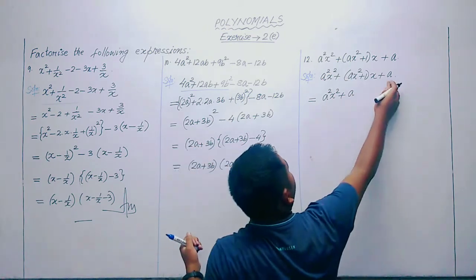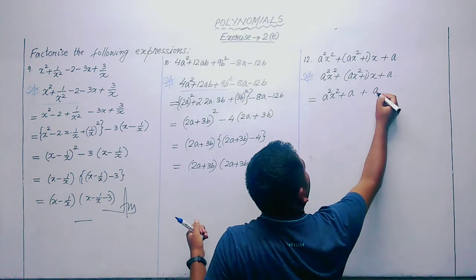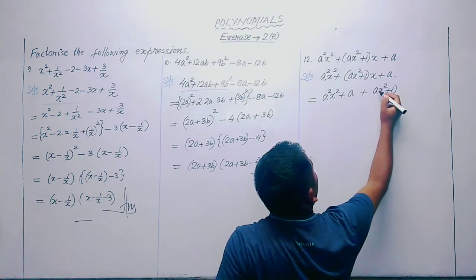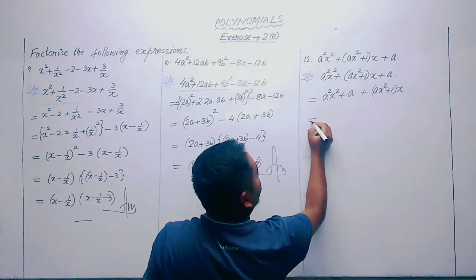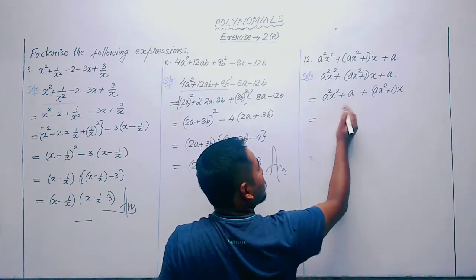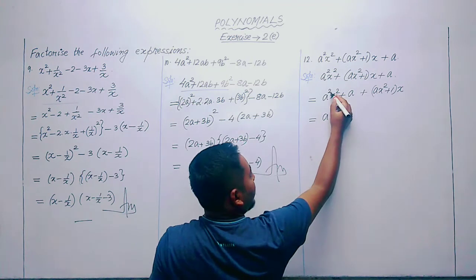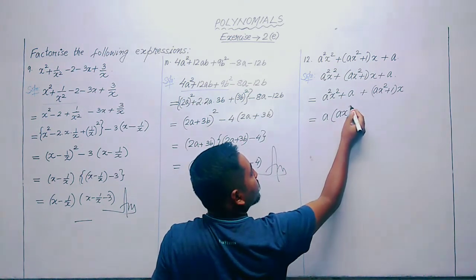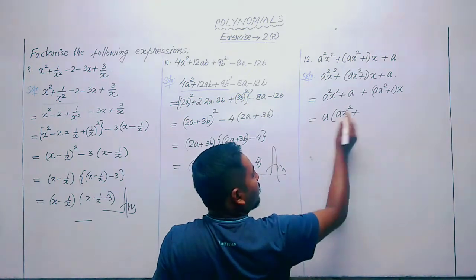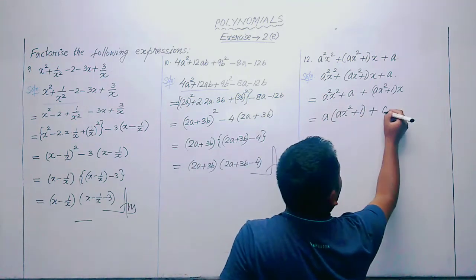That is why I have written this here. Write down the remaining term into x. Now from these two terms, a is common. Now from a square, 1a is outside. What is remaining? Only a. x square plus, a is outside. What is remaining? 1. Write down remaining as it is.